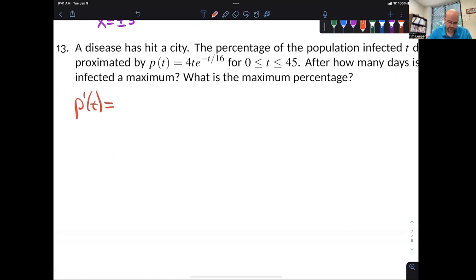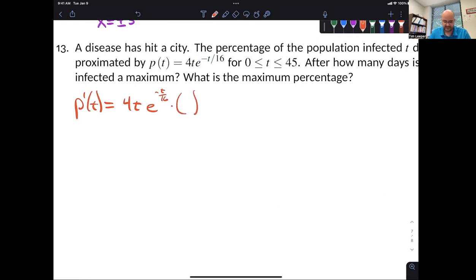So the derivative here, and notice that we're going to have to use the product rule. The first function is 4t, the second function is e to the negative t over 16. So it's the first one, 4t, times the derivative of the second. To take the derivative of e to the negative t over 16, just rewrite it as e to the negative t over 16 times the derivative of the exponent.